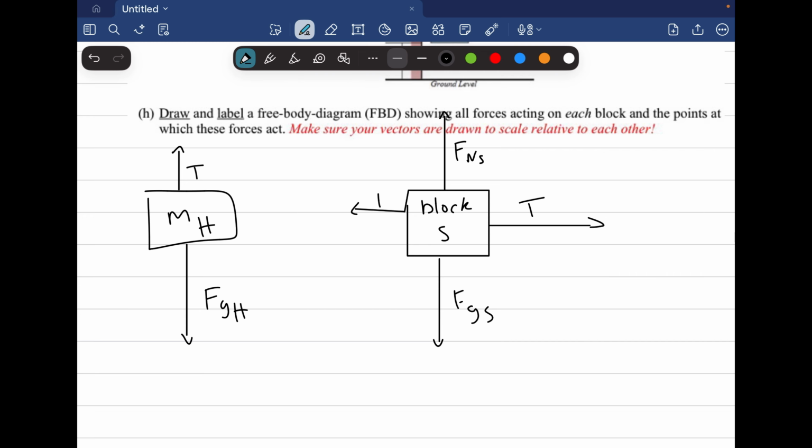This is F lowercase m on capital M, and then FK, and then if you add those two together, it should be less than T, right? So let me write it out. Capital M is less than T, okay?